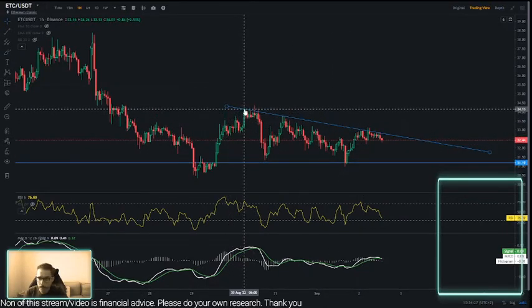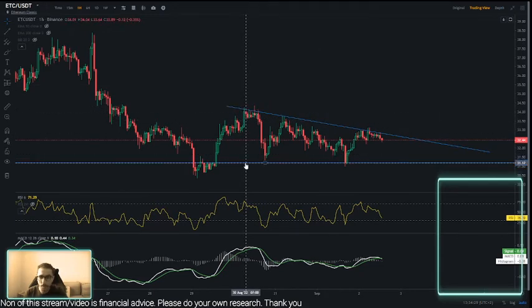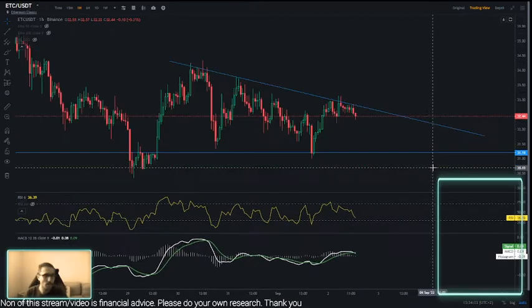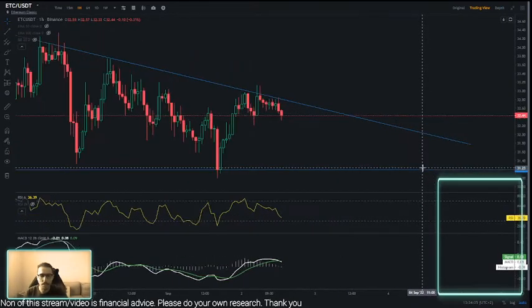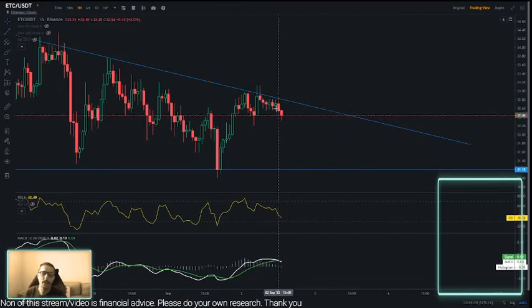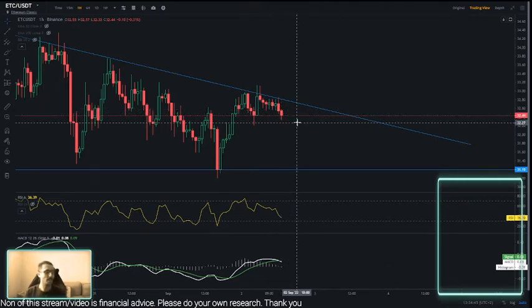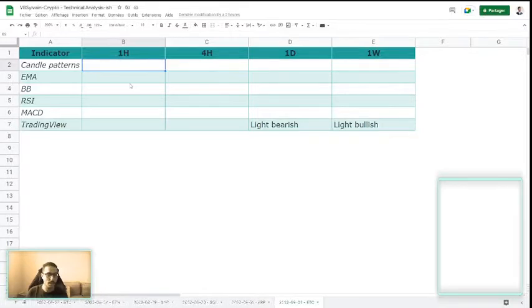So it should be this one, so 34 and 31, so $3 downside. So it should be something like a 10% fall, maybe or maybe not. So as we are at the top of the triangle right now, I would go for a bearish sign on this indicator. Right, so bearish top of descending triangle.